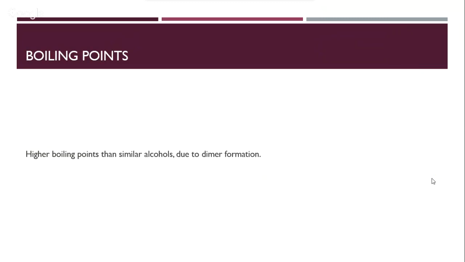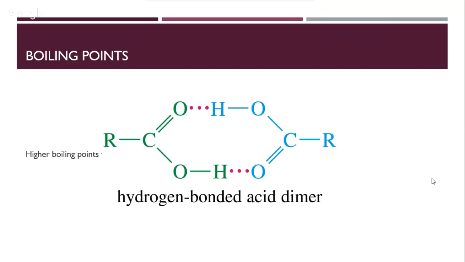Now let's look at their nature. You'll realize that carboxylic acids have definitely higher boiling points than their similar alcohols, because of dimer formation. So what is dimer formation? You'll realize that two molecules look like one. Okay, so this COOH and this COOH, they all look like one molecule. Okay, so there is a dimer that gets formed.